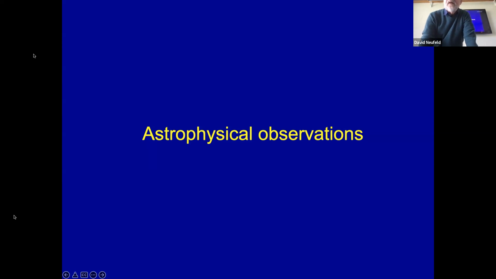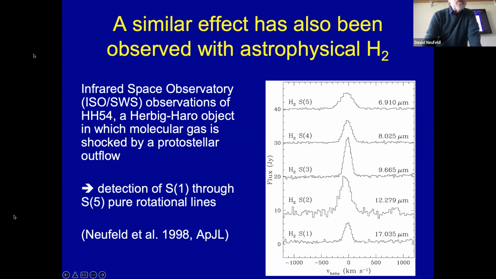Okay. So these pure rotational transitions of H2 are detectable at mid-infrared wavelengths, where Earth's atmosphere is generally opaque. So few of the rotational lines can be detected from the ground. But to get good data, you really need to go to an airborne or space platform.